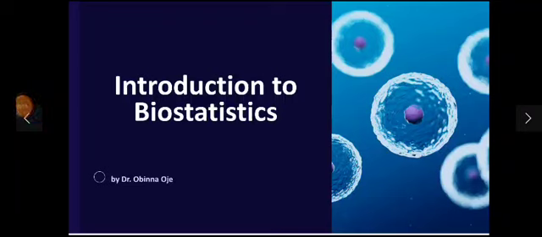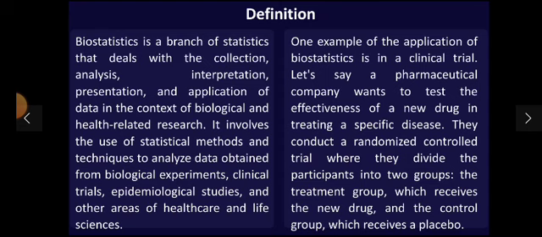Okay, so let's look at introduction to biostatistics. By definition, biostatistics is a branch of statistics that deals with the collection, analysis, interpretation, presentation, and application of data in the context of biological and health-related research.